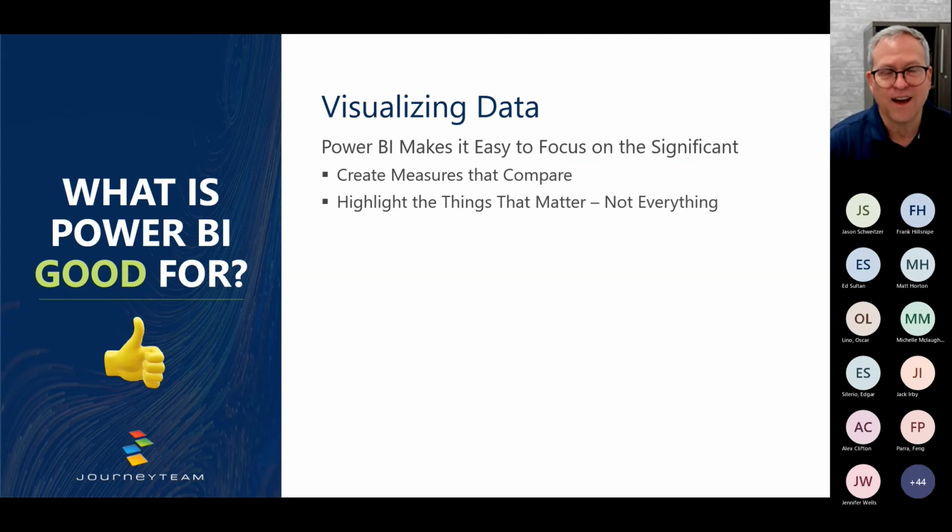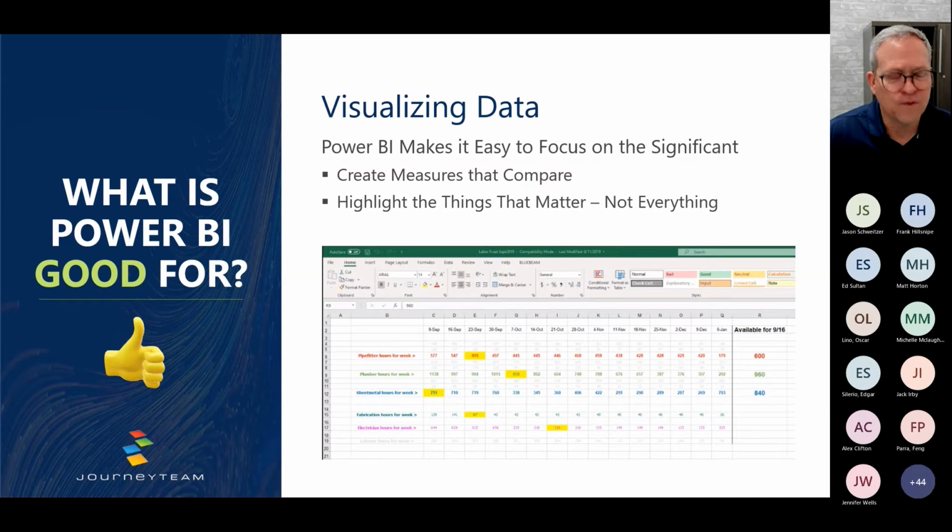It's really nice to highlight those things so the viewer of the report doesn't have to take time and try to do mental math to calculate, all right, is that number I'm seeing good or bad? You want to make it as easy as possible for them to see, even somebody who may not be super familiar with the business, to quickly interpret what are those things that need to be focused on.